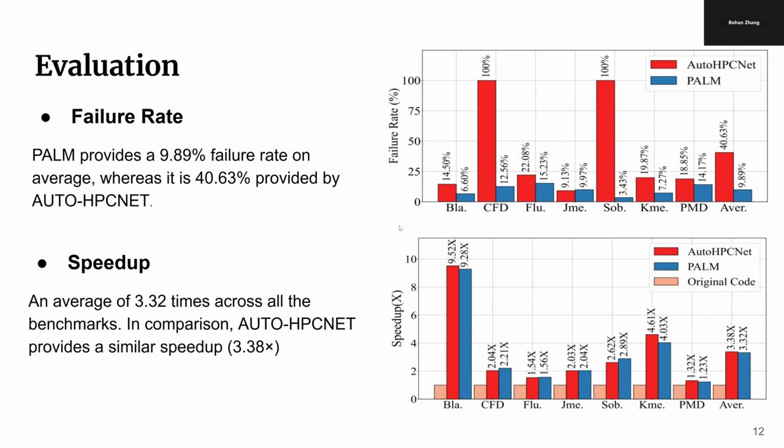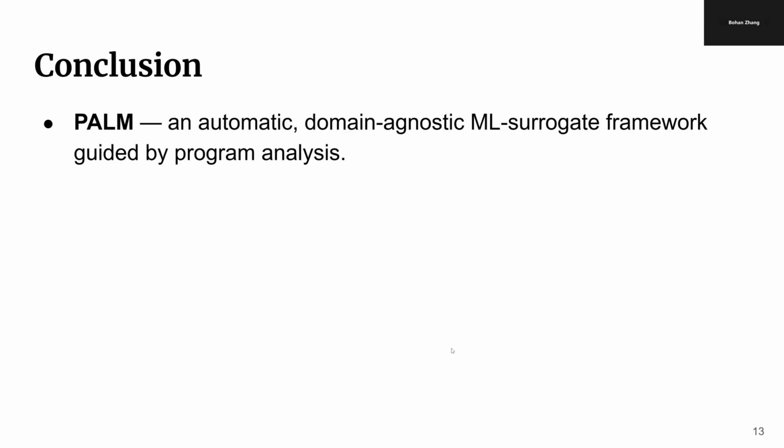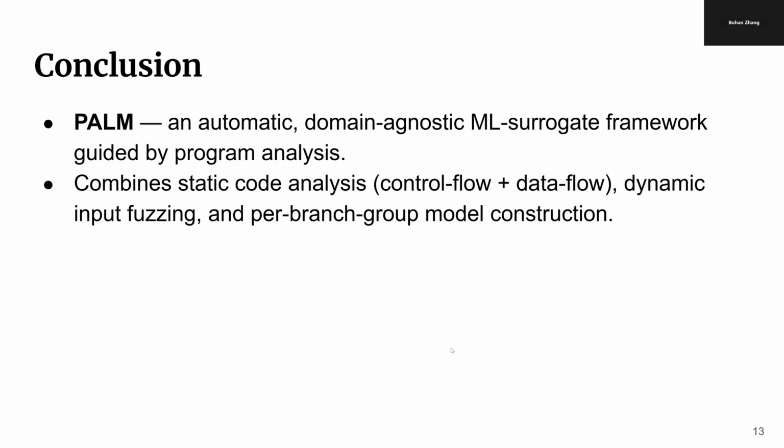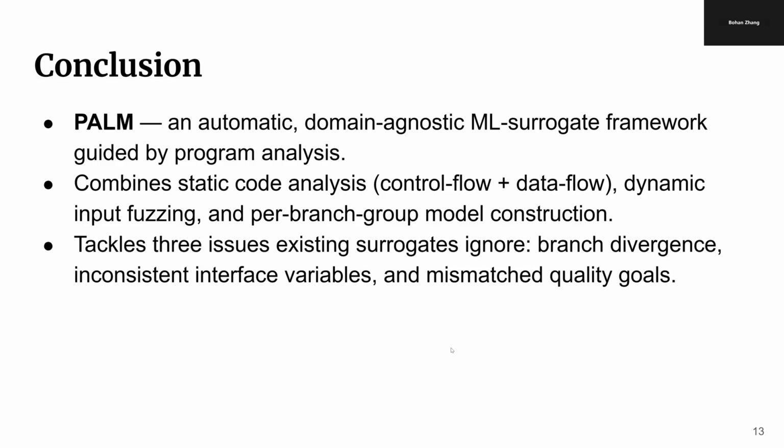Now let's wrap up. To conclude, existing ML surrogates deliver dramatic speedups. However, they depend on manual, domain-specific tuning, and they can be unreliable. PALM is an automatic, domain-agnostic framework guided by program analysis, combining static code analysis, dynamic input fuzzing, and per-branch group model construction to handle branch divergence, inconsistent interfaces, and physical constraints.